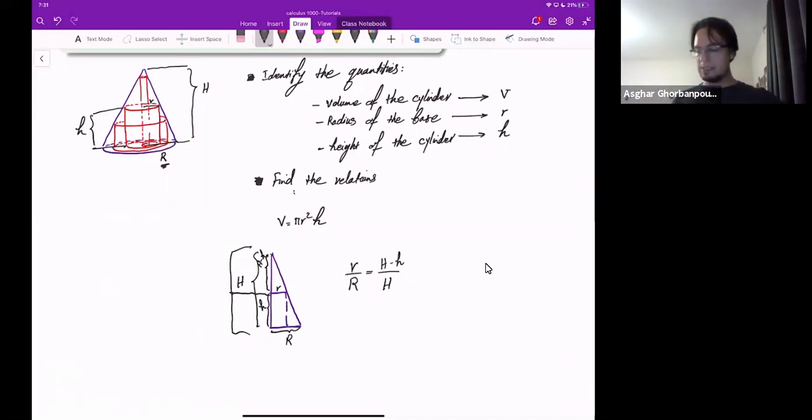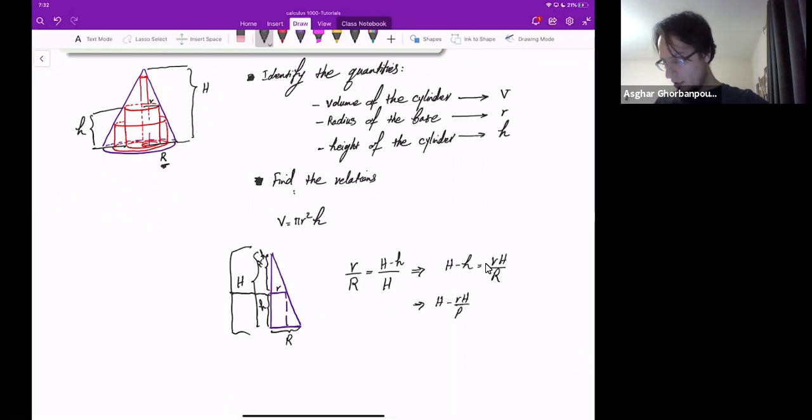And then I can use that and write h in terms of r: (H minus h) over H is equal to r over R, and from there I can see that h equals H minus Hr over R. Why is it important?